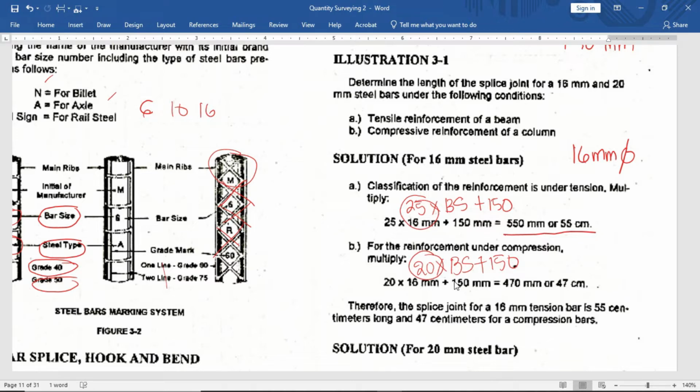So, 20 times 16 plus 150 mm is equal to 470 mm or 47 centimeters. Therefore, the splice joint for a 16 mm tension bar is 55 centimeters long and 47 centimeters for compression bars.